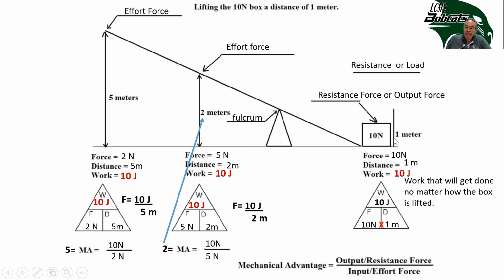Okay, but I'm pushing 5 times as far because it's only going up 1 meter and I'm pushing down 5 meters. So 5 times the distance means the machine is multiplying my force by 5. So there's a direct relationship between the number of times you increase the distance and the number of times the machine multiplies your force. It's actually a direct relationship.